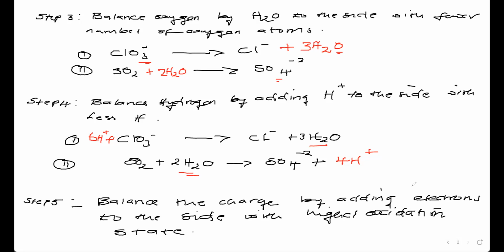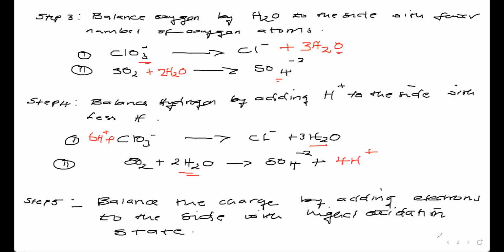So what that means is that you need to check the oxidation state on the product side and the total oxidation number on the reactant side. So, for example, we have the first equation here.